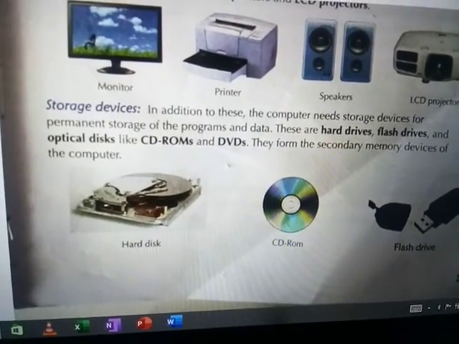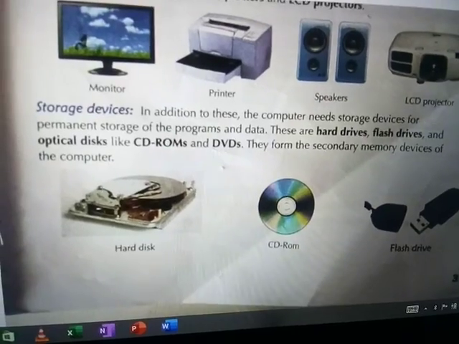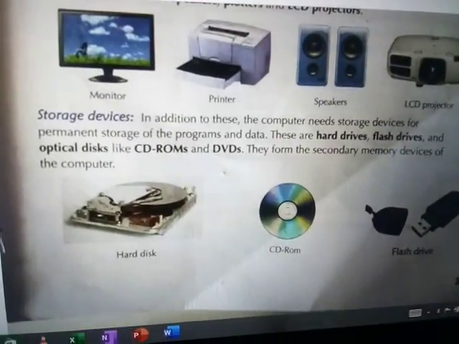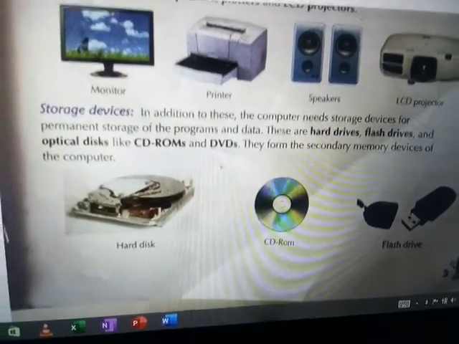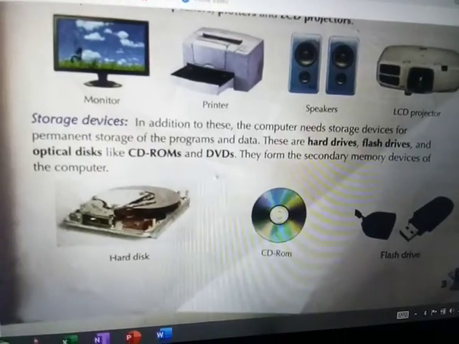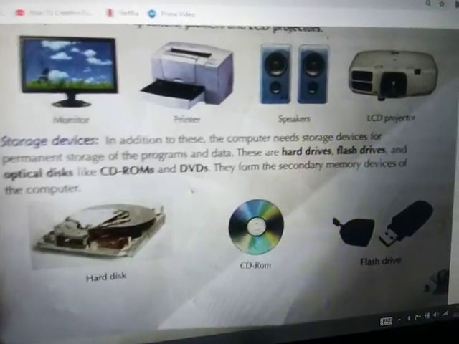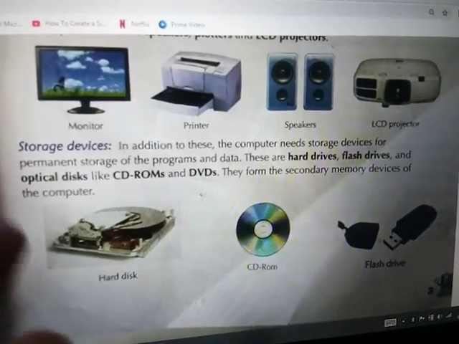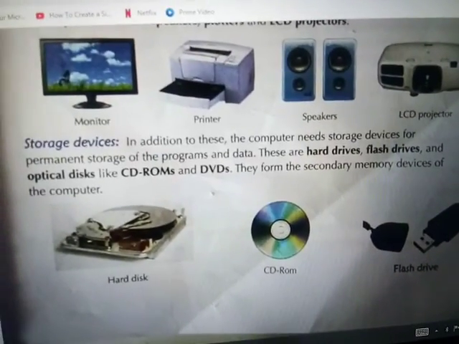Is only the pen drive a storage device? No. The hard disk is a storage device which is inside the CPU. That is how you can store movies, videos, songs, all those things in the computer. When you save documents, videos or movies, they are stored in the hard disk inside your CPU.